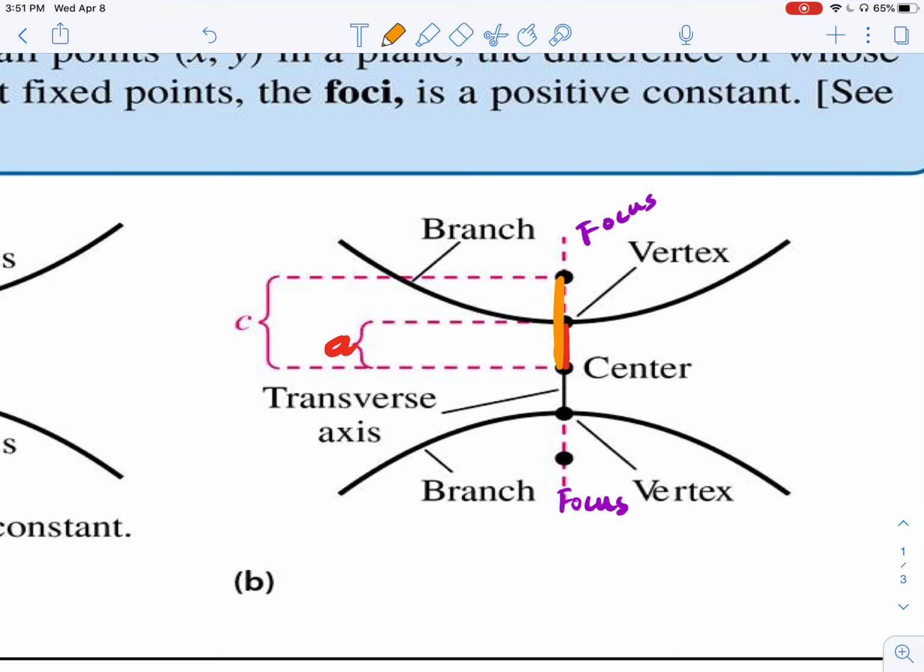Now, the book uses C, but you know me by now. I like to use lowercase f because it doesn't confuse it with the center. But our f value is going to be the distance between our center and our focus. And you're probably asking yourself, well, what about B? Is there a B value? There is, and we'll get to that in just a second.